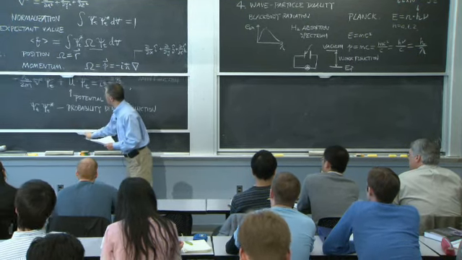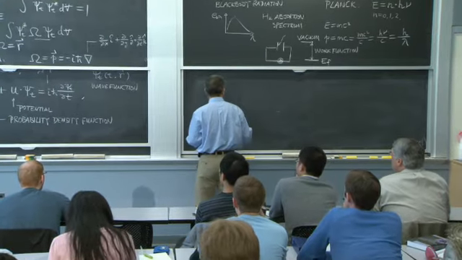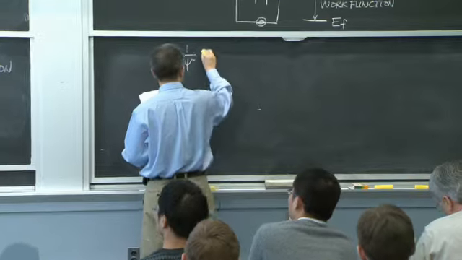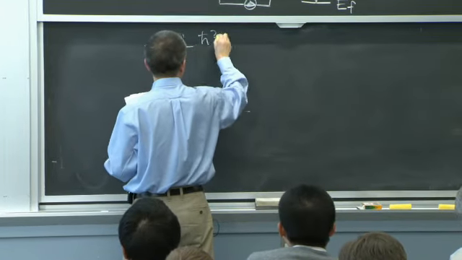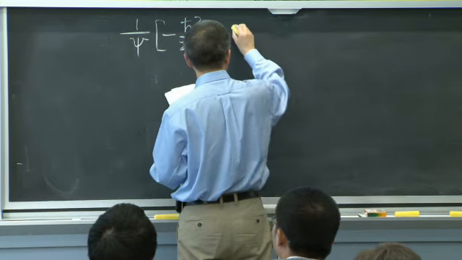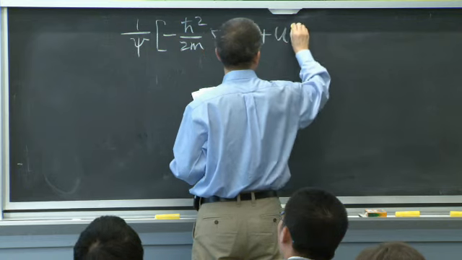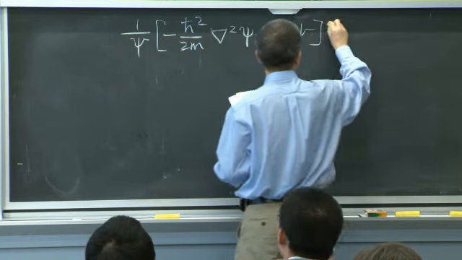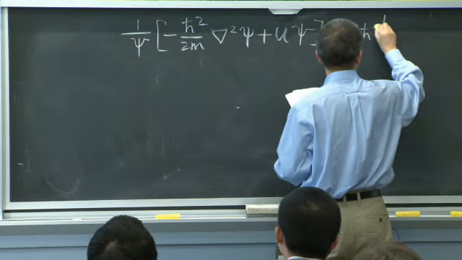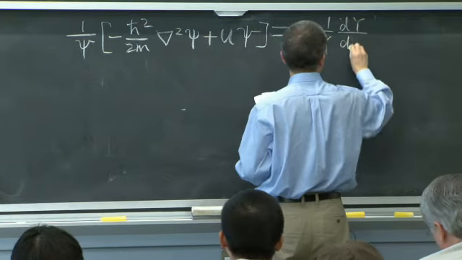If you substitute into this equation, what you find is psi times minus h bar squared over 2m, the Laplace operator, psi plus U psi equals i h bar psi dφ/dt.